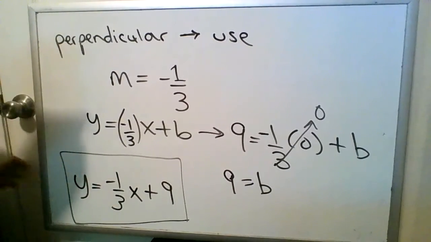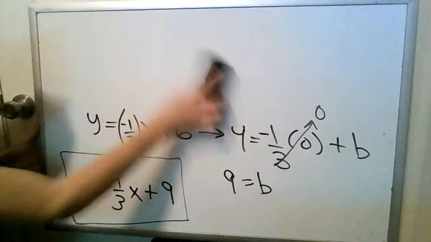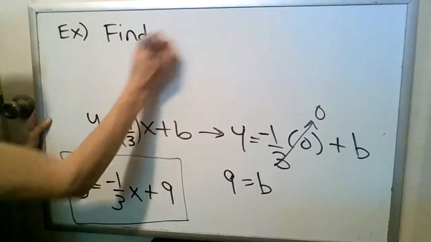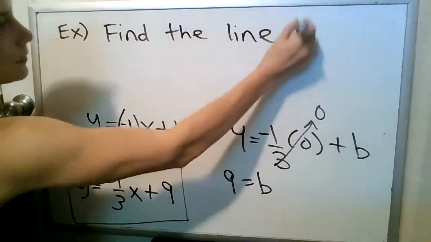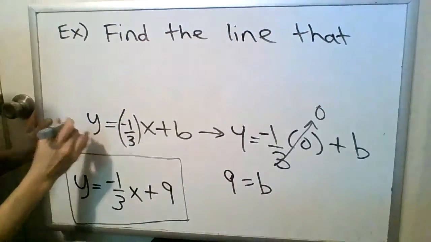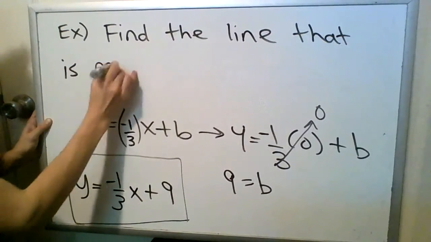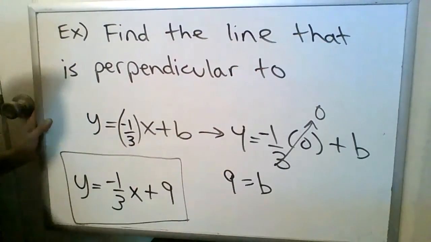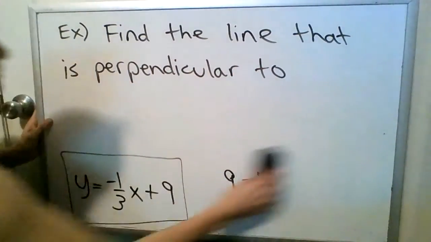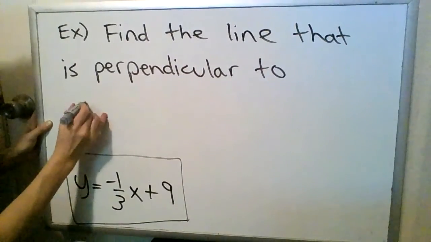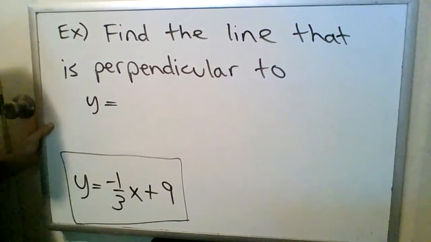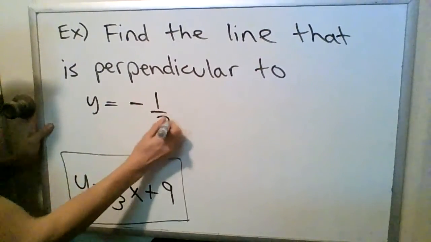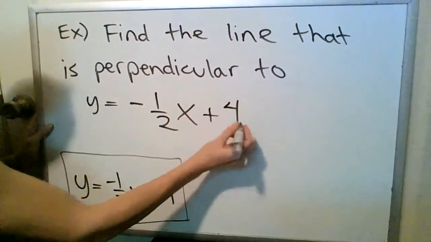Let's do one more about perpendicular lines. So find the line that is perpendicular to y equal to negative 1/2 x plus 4.